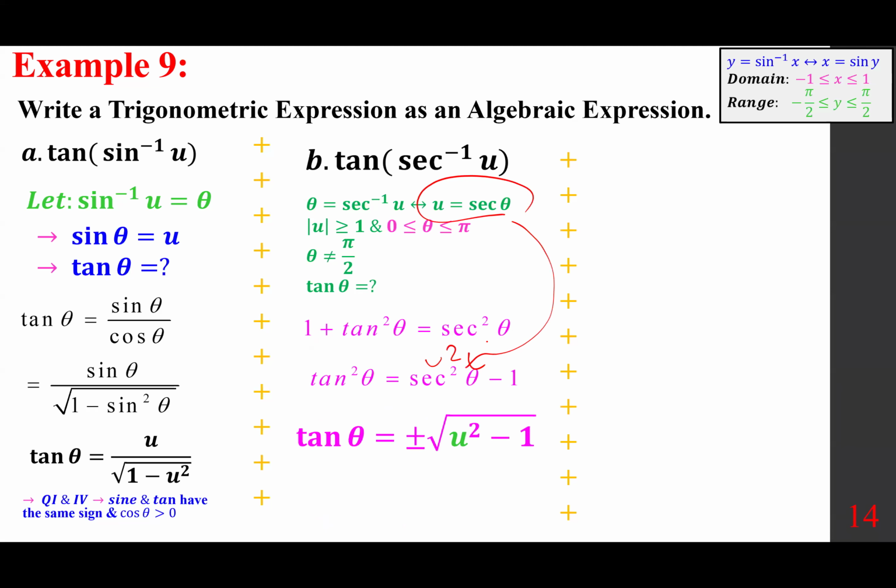So tan theta is plus minus the square root of u squared minus 1. In the first quadrant, tangent is positive. In the second quadrant, tangent is negative. Bear in mind, the restriction on secant is from 0 to pi. Therefore, tangent can be positive or negative if it's in the first quadrant versus the second quadrant. That's why we must use plus minus.